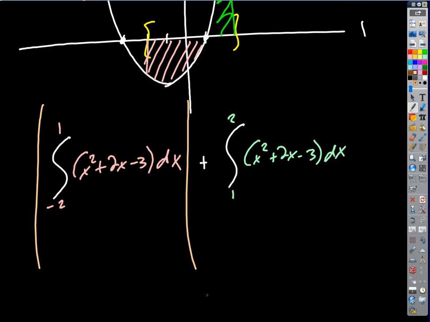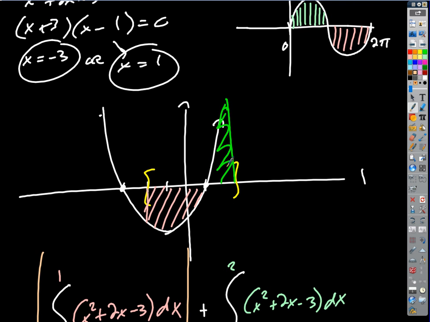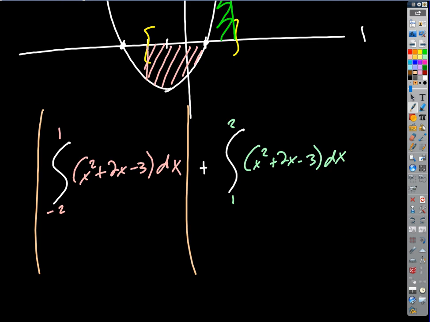Now I happen to know in this case, because I graphed it, that this is the area that's above the curve. But I wouldn't have even had to do that. All I need to know is where the function passes through the x-axis, and then just to play it safe, I could take the absolute value of each piece of my integral. The absolute value of a positive number is still positive, so big deal.